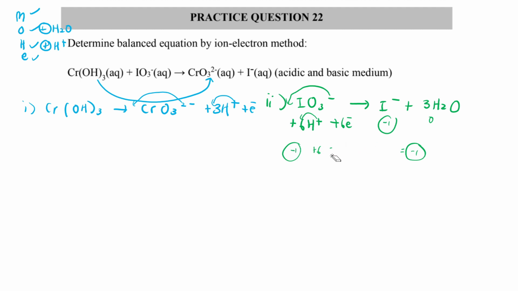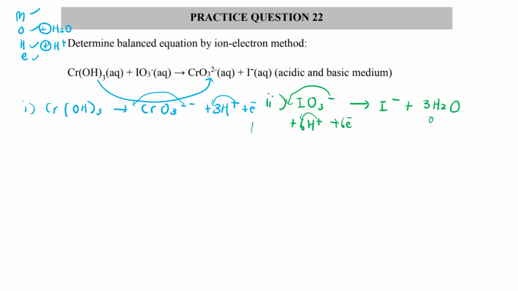To make sure your working step is correct, make sure the electron we add is on the opposite side. Here we add electron on the left side, here we add on the right side. To total up these two half equations, we make the number of electron the same.